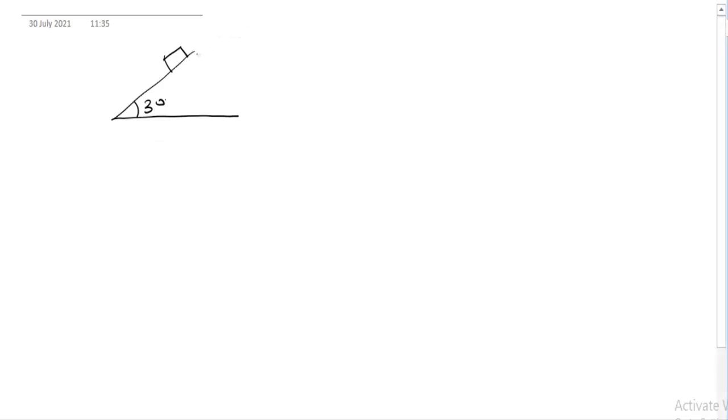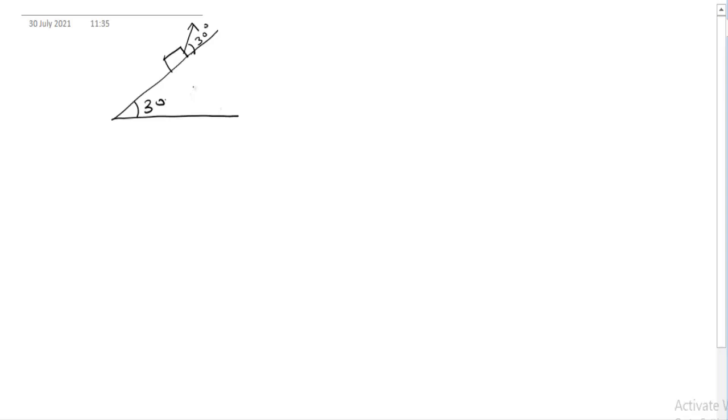So a string is attached over here, and it makes an angle 30 degree with this slope. A string is attached to the body and held at an angle 30 degree to the plane. Draw a diagram showing the forces acting on the body.